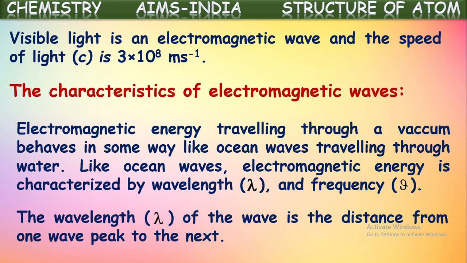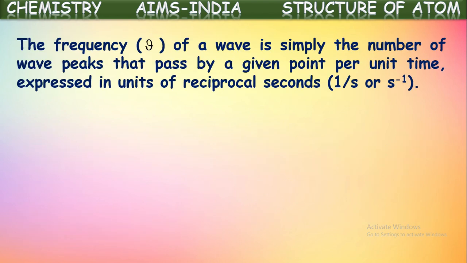Okay, and what about frequency? The frequency of a wave is simply the number of wave peaks that pass by a given point per unit time. It is expressed in units of reciprocal seconds or second inverse. To say simply, the number of waves passing through a point per second is called the frequency of that wave, whether it is an electromagnetic wave, a light wave, or a sound wave.